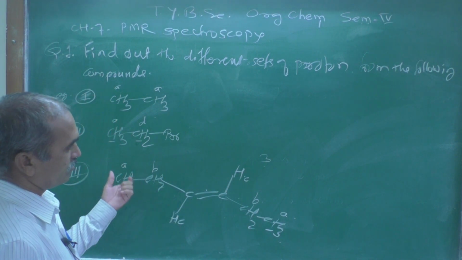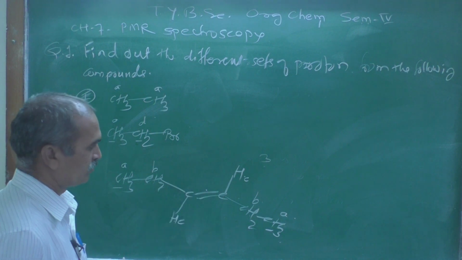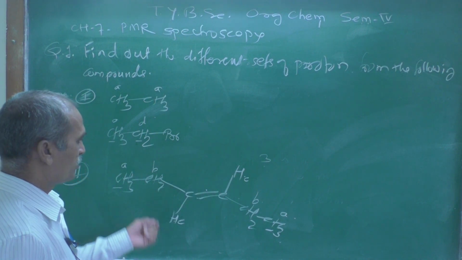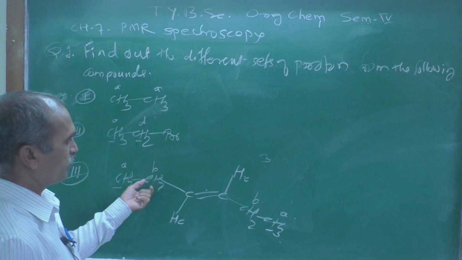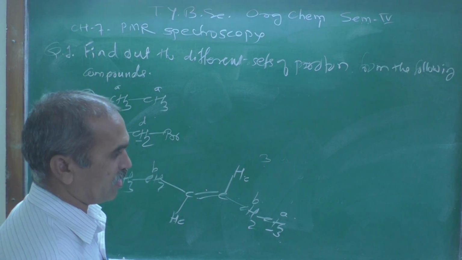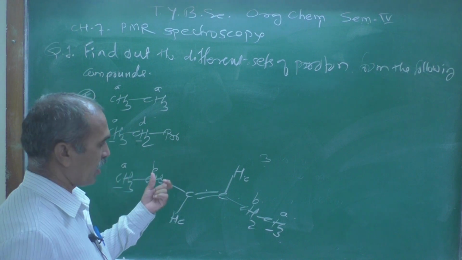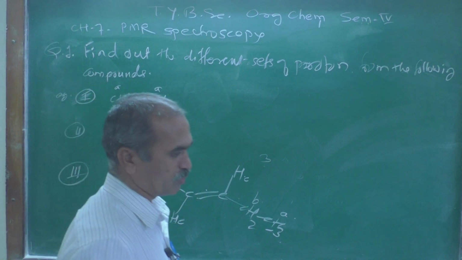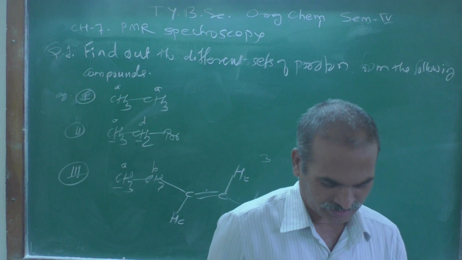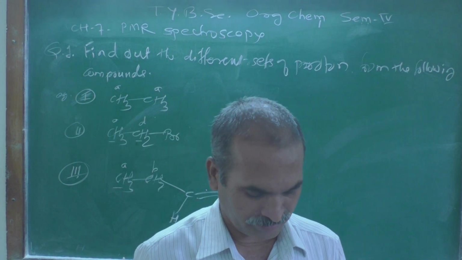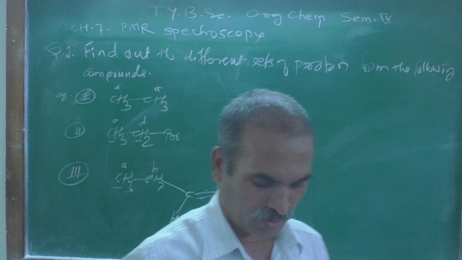In compound 3, A protons correspond to methyl protons, B protons correspond to methylene protons and C protons correspond to olefinic protons. So in this way we can solve the problem.